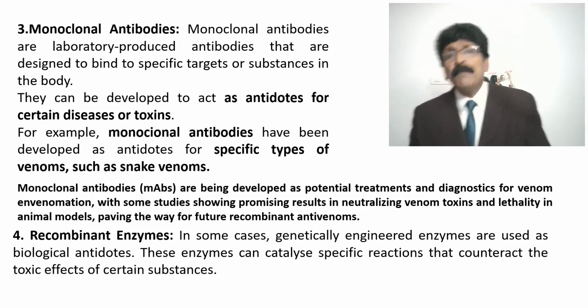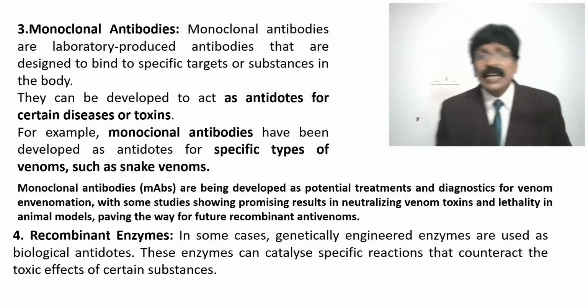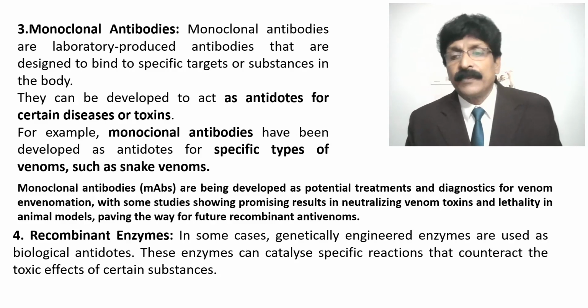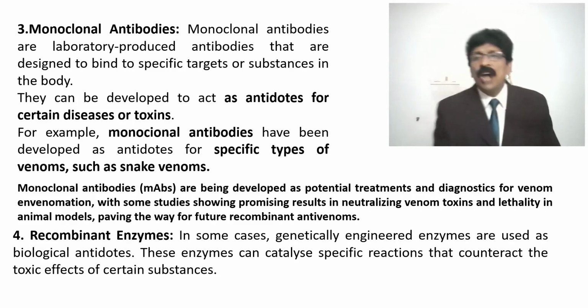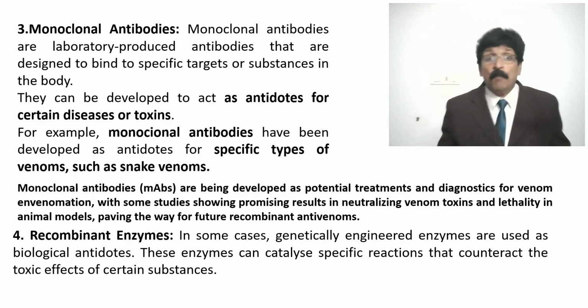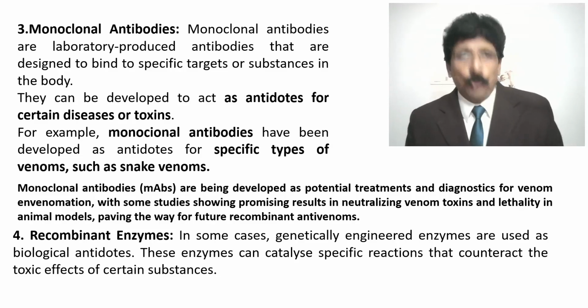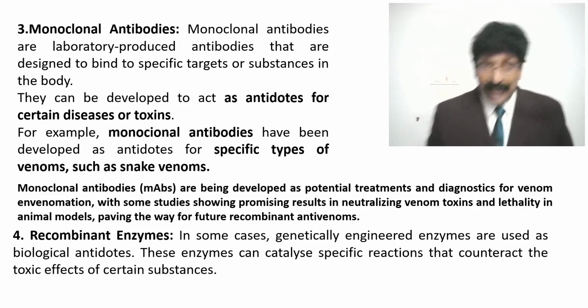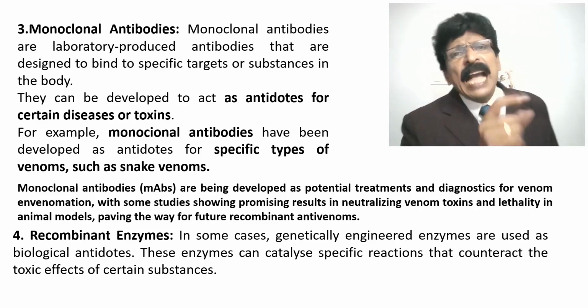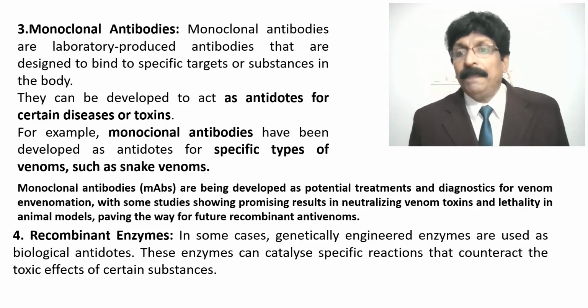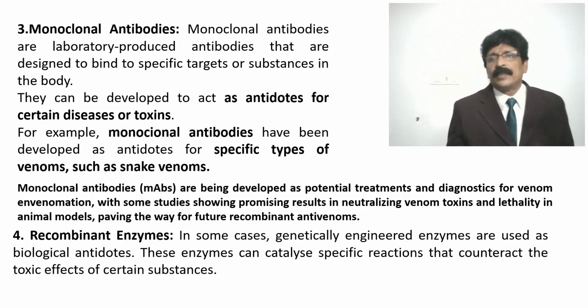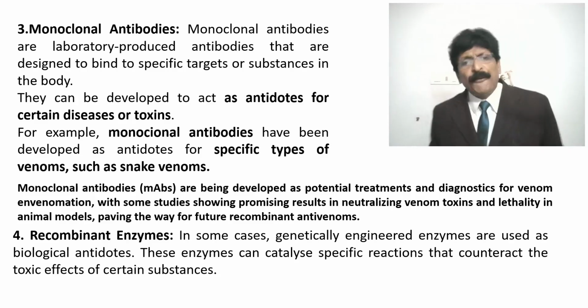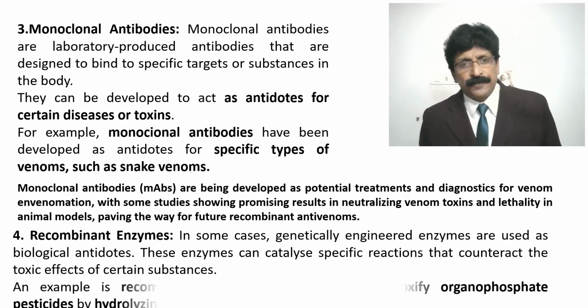Number 4, recombinant enzymes in biological antidotes. In some cases, genetically engineered enzymes are used as biological antidotes. These enzymes can catalyze specific reactions that counteract the toxic effect of certain substances.